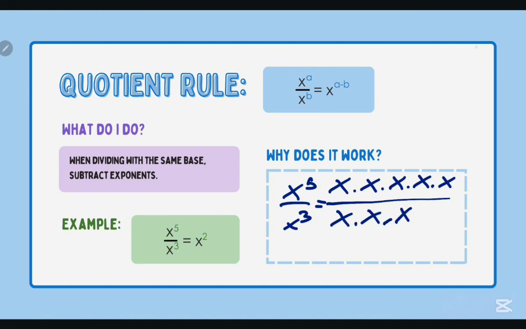Now we can simplify them, so the answer will be x to the power of 2. We can easily do this by moving the base upwards like this. Let's continue with the other rules.